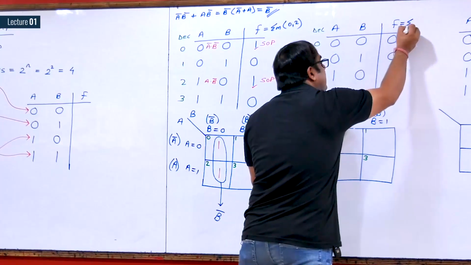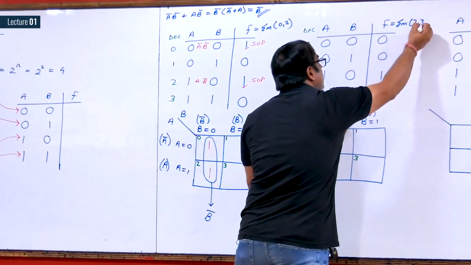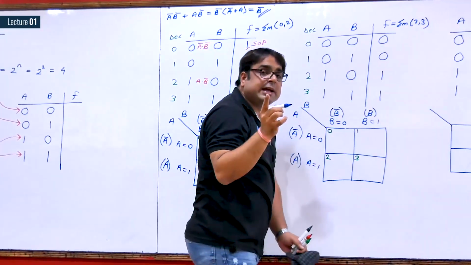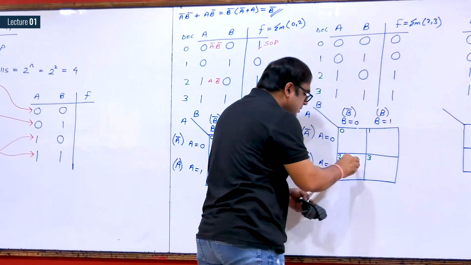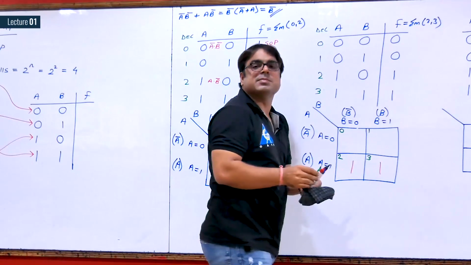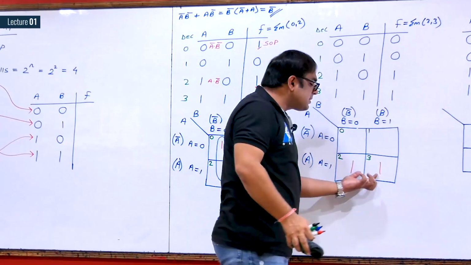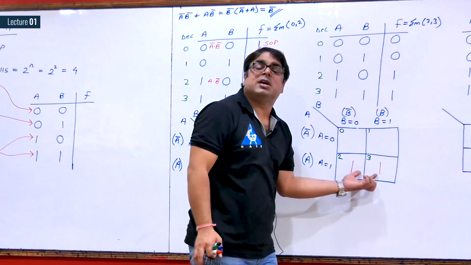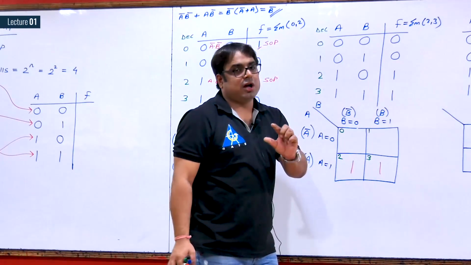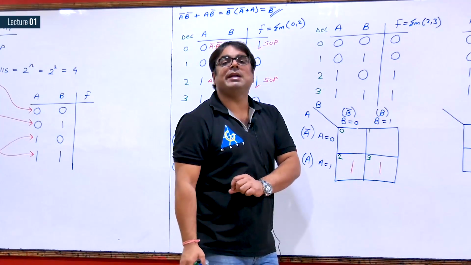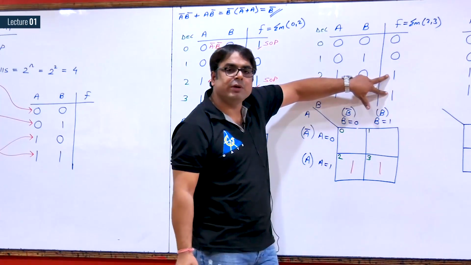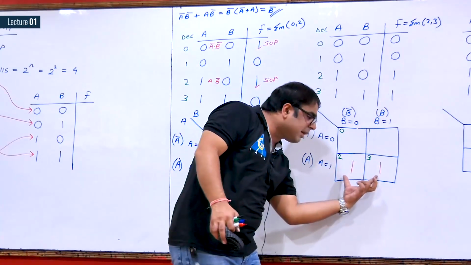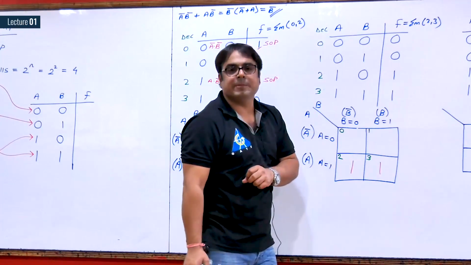So this function is min terms 2, 3. Min terms are the combinations at which the output function is equal to 1. So you can see for these two cells the output function value is equal to 1.